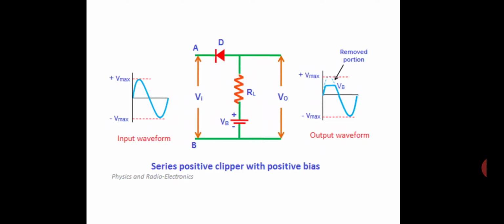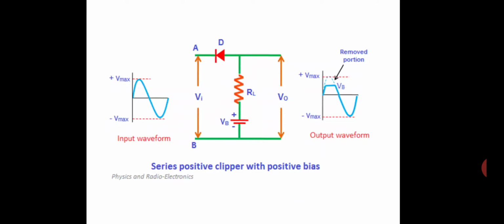At first the input is positive, A is positive, so the diode is reverse biased by the input. But battery VB gives a positive supply to the diode at a fixed value.